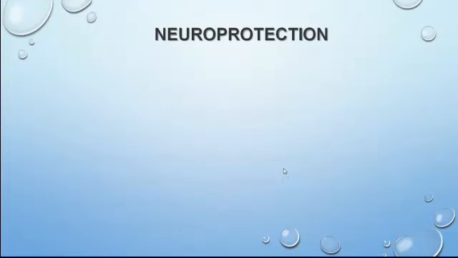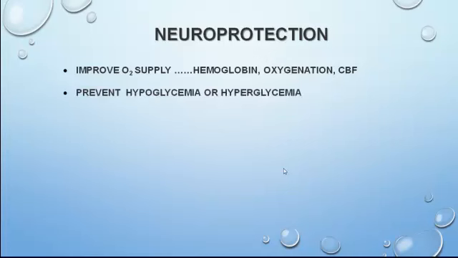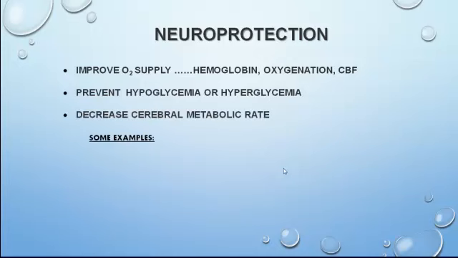How can we do that? By improving oxygen supply. How? By maintaining the hemoglobin level, the oxygenation and cerebral blood flow. Prevent hypoglycemia or hyperglycemia, as both are very harmful to the brain. Decrease cerebral metabolic rate. How can we do that?